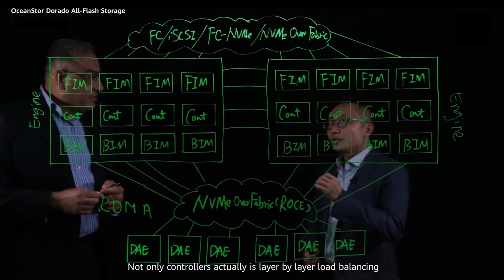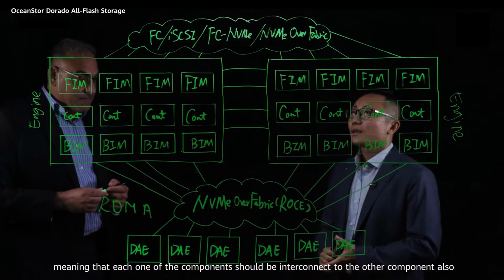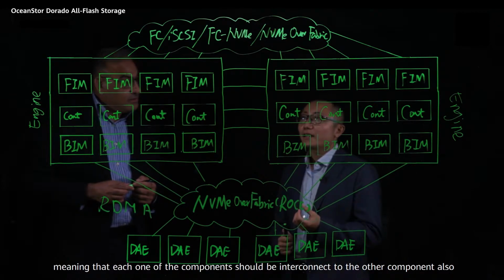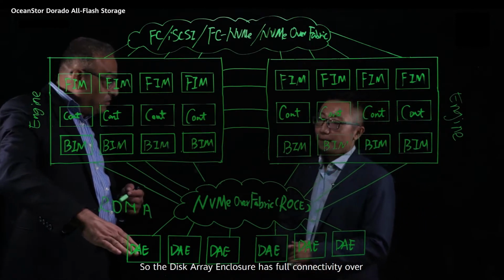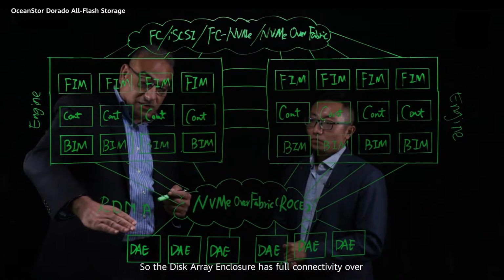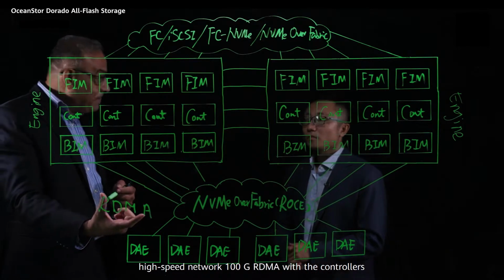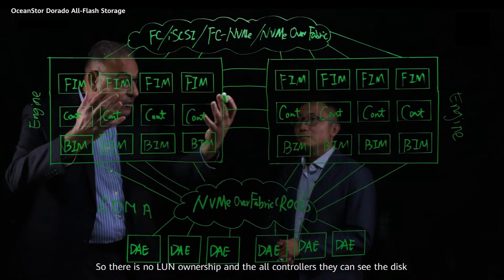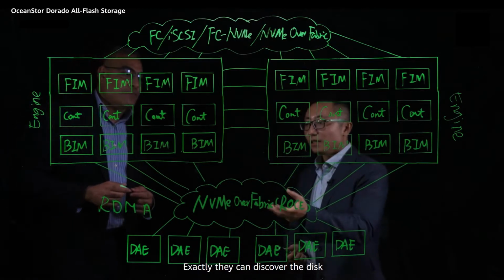And not only controllers, actually it is layer by layer load balancing, meaning that each component should be interconnected to the other components also. So the disk array enclosure has full connectivity over a high-speed network, 100 gig RDMA, with the controllers. So there is no LUN ownership, and all controllers can see the disk. Exactly. They can discover the disk.